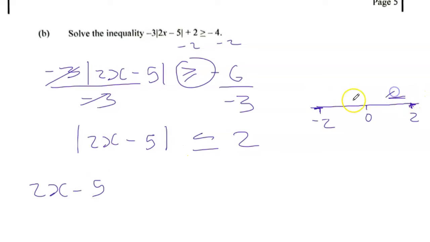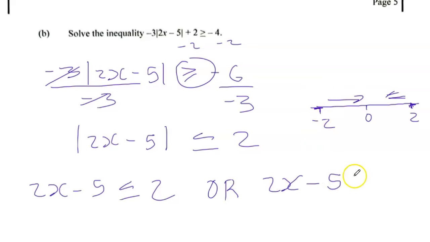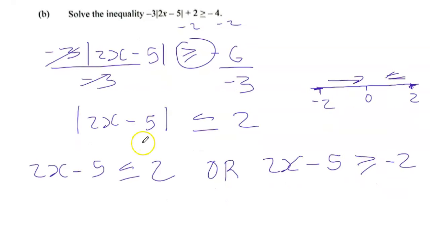So that will fall in this region. It has to be less than 2, and it has to be greater than -2. Which means here, we solve each inequality independently.